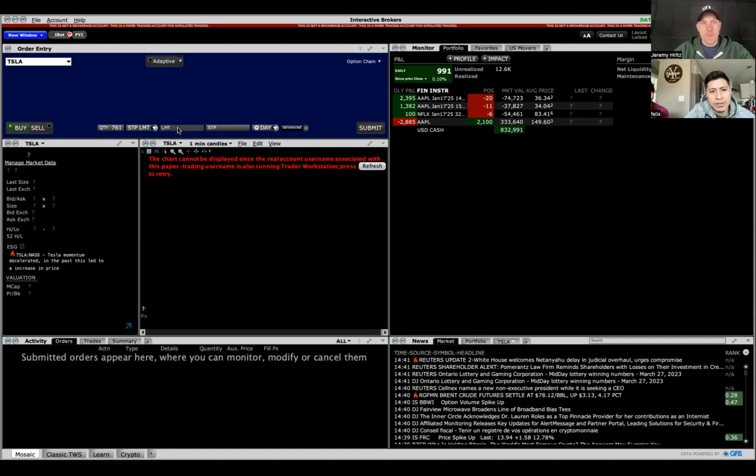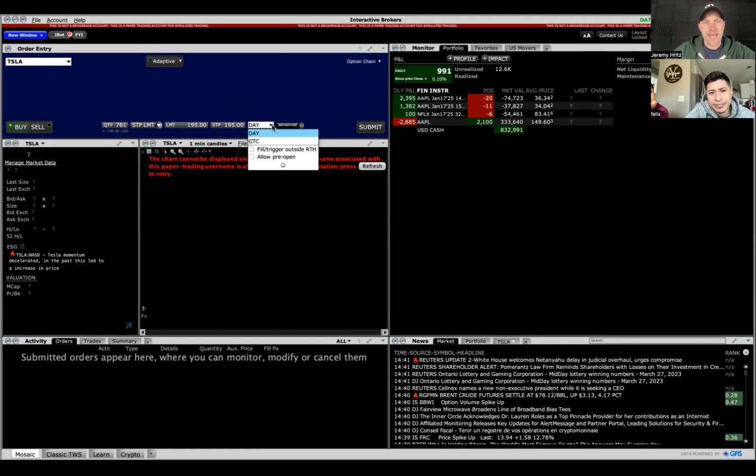We don't have the chart up here for Tesla, but the first box is called the limit. Let's say we're going to buy for 195. You type in 195 for the limit. For your stop, you put the exact same price, 195. That says only at 195 am I getting into the trade. So those two prices are the same.